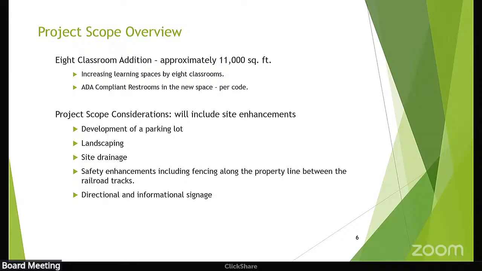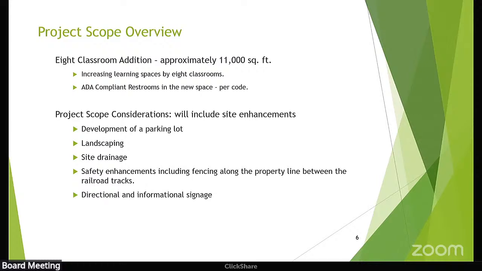The scope would also include site enhancements, like the parking lot. We know the parking lot is going to have to be added to and enhanced. Definitely some landscaping needs to be improved. Site drainage is also an issue where we're going to have to do some grading.